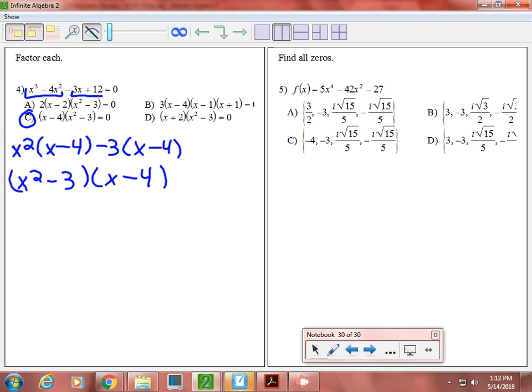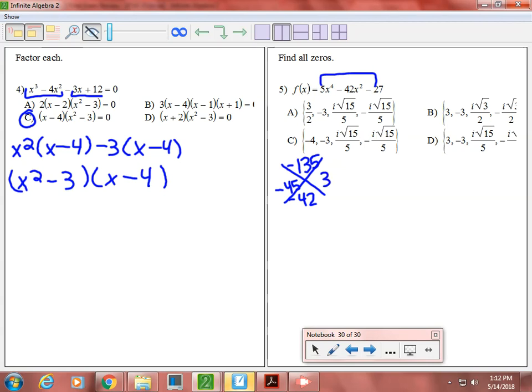All right, looking at number 5 is telling me to find the zeros. So that means that I have to actually set it equal to 0 and solve for this. So I'm going to still do my multiplication, and I'm going to say what multiplies to negative 135, because that's these two multiplied together, and what adds to negative 42. Well, the things that do that are negative 45 and positive 3.